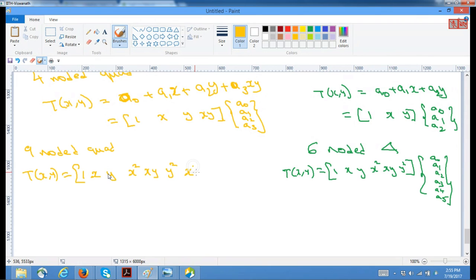So x y square, x square y square and x square y, all the 9 things multiplied by a naught, a1, a2, a3, a4, a5, a6, a7, a8. This will give you the temperature approximation. These are all approximations.